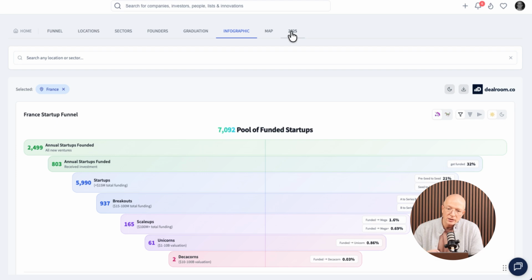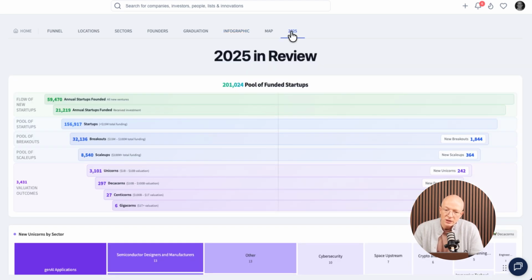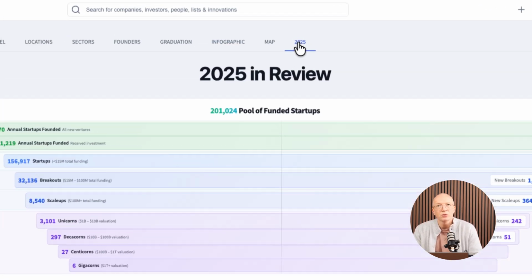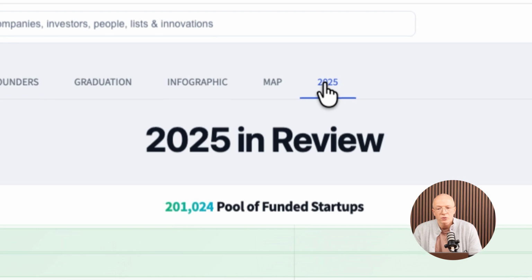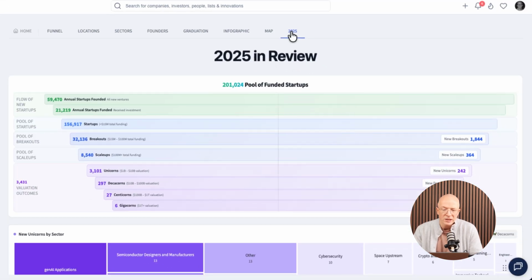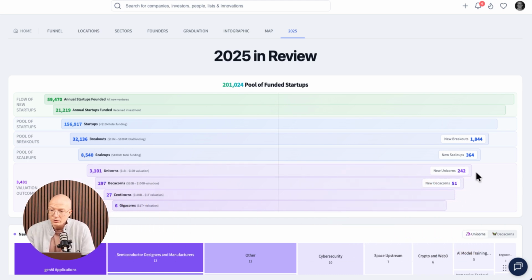We also added, because we're in the beginning of the year, this handy overview, 2025 in review. So if you want to specifically know what happened last year, you want to go here. You can see the funnel, but you can see also what was added to the funnel last year. So there were almost 2,000 new breakouts, 364 new scale-ups, 242 new unicorns, and 51 new decacorns.